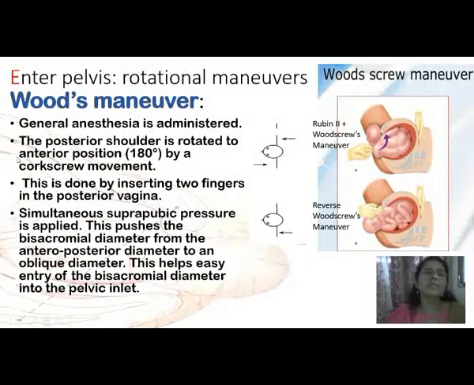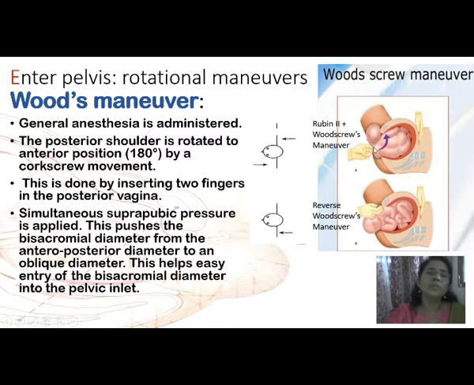Next management is entering the pelvis. It's a rotational maneuver. Entering the pelvis means we are inserting our hands into the pelvis. That is known as the Woods maneuver. General anesthesia should be administered. Here is the posterior shoulder; the anterior shoulder is stuck here. We tried suprapubic pressure so that it will be relieved.